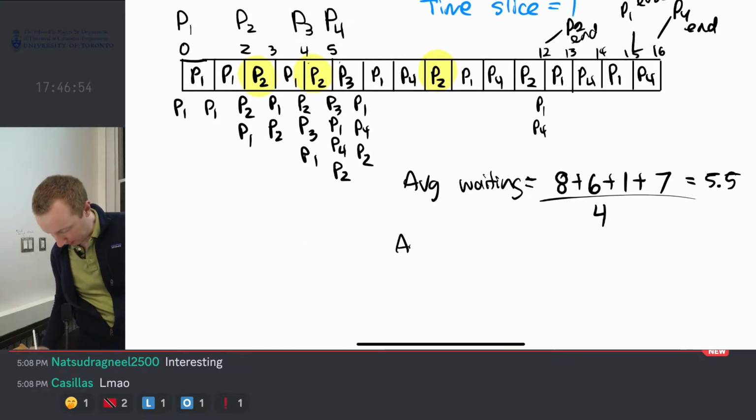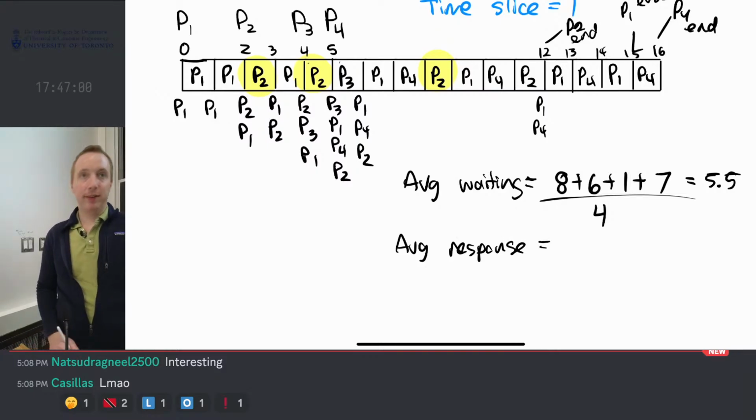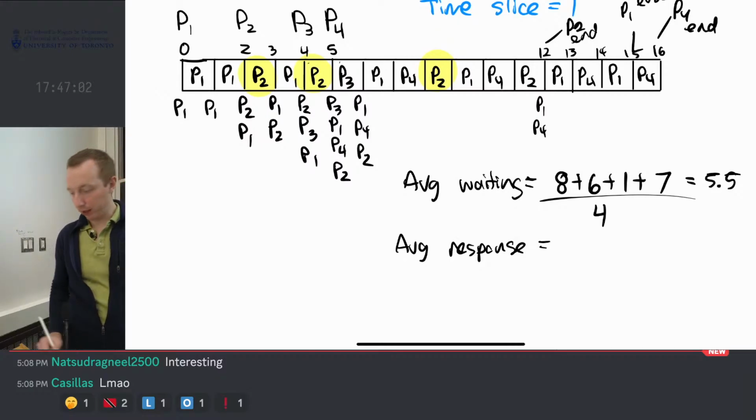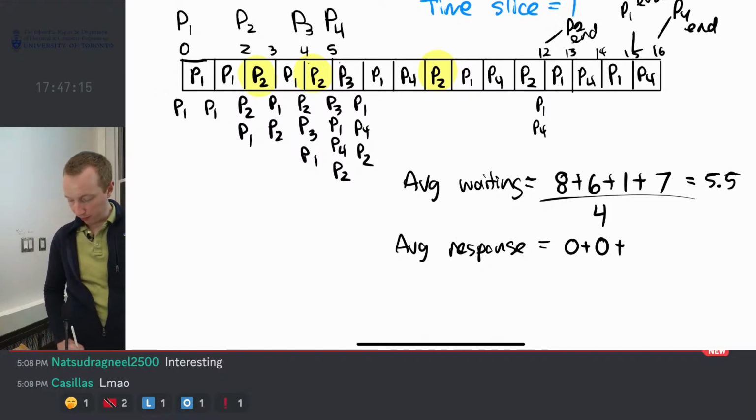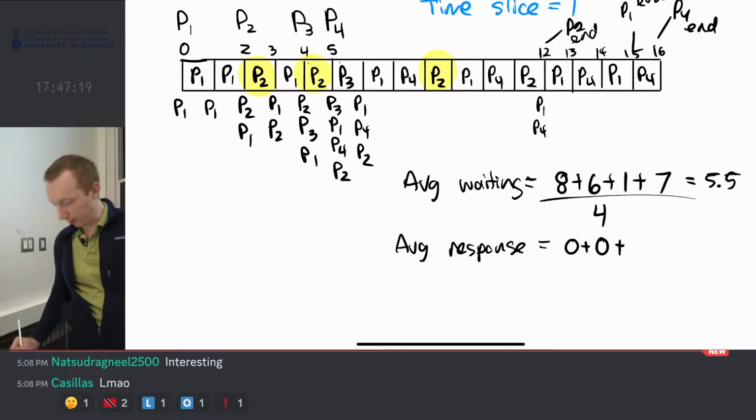Next fun one is the average response time. In this case, P1 started executing immediately. Its response time was 0. P2 also started executing immediately. It came in at 2, started executing at 2, so its response was 0. Process 3, its waiting time was 1, so that was also its response time.